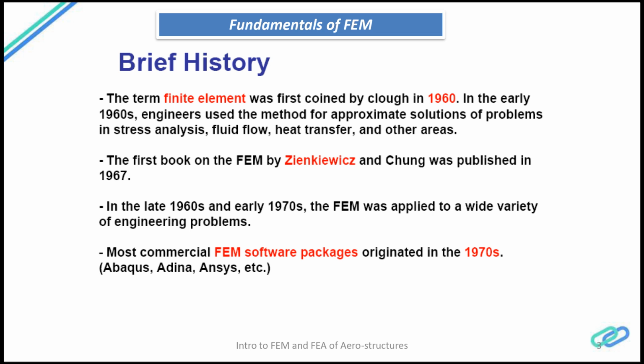They came out of NASA, improvised it, and officially released it as Nastran and Patran. So that's how the commercial software packages came into existence, somewhere around the time of 1970 and 1980.